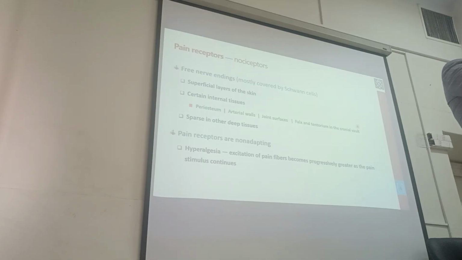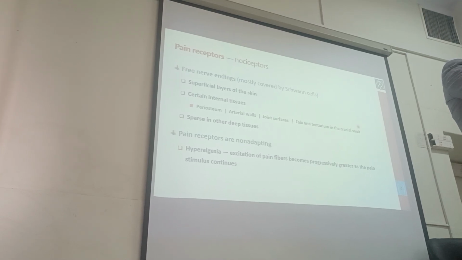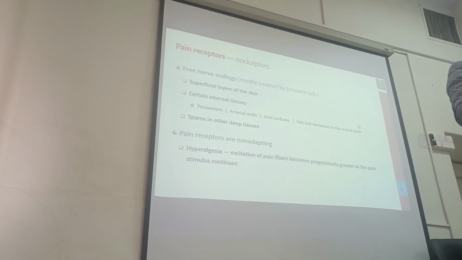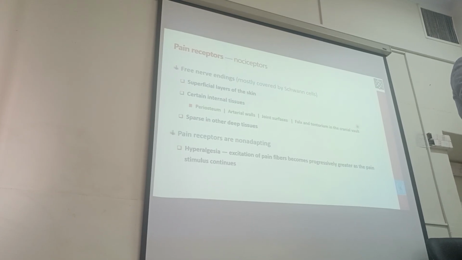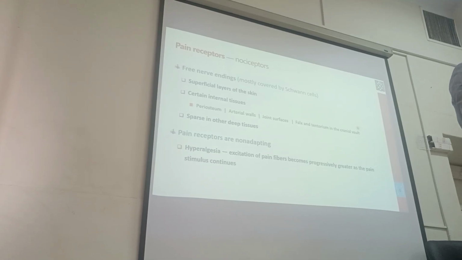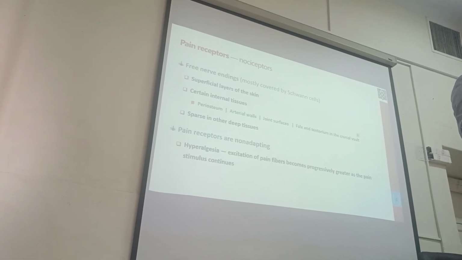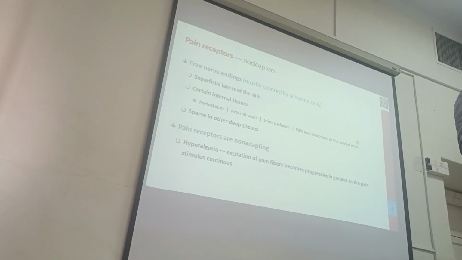And the layer that goes in the fissure between the cerebrum and cerebellum is called tentorium. So again, in these tissues we have a lot of nociceptors. So that's why any damage here is very painful. Right? Any damage to the bone is very painful. Damage to the arteries is very painful because we have a lot of nociceptors.